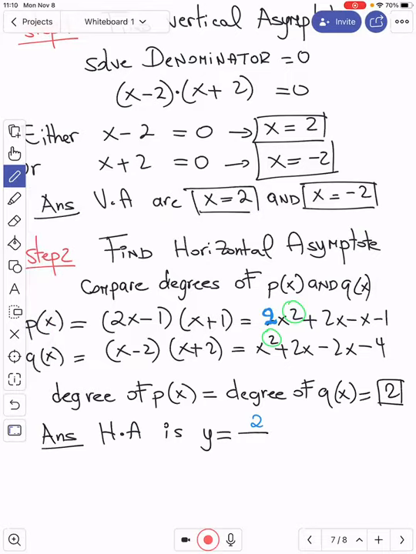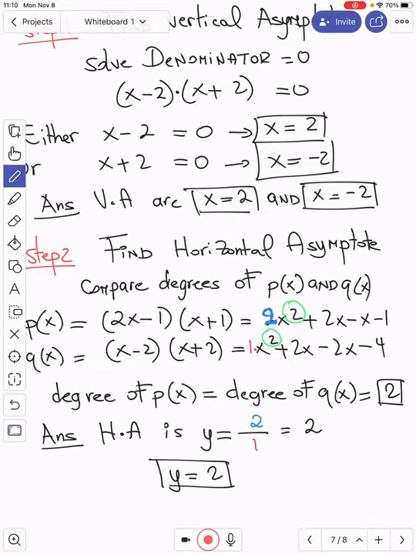Now the leading coefficient of Q, the number in front of the highest power of x in Q, is just 1. So it's 2 over 1, and the answer is 2. The horizontal asymptote is y equals 2.